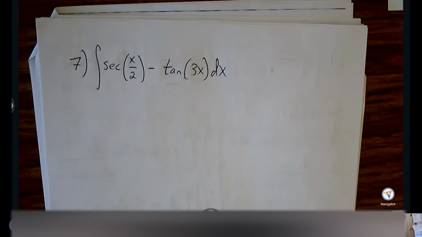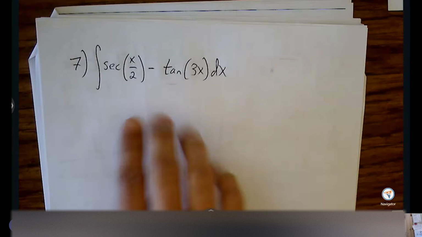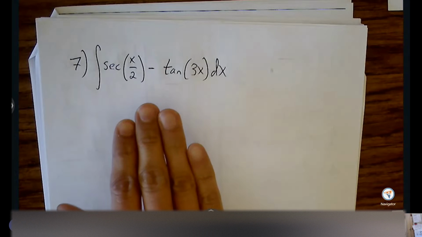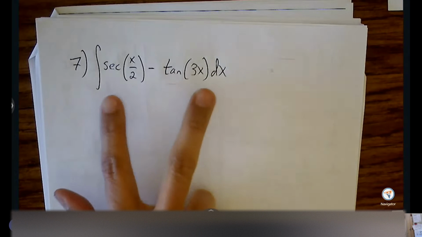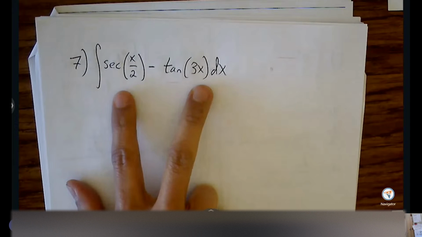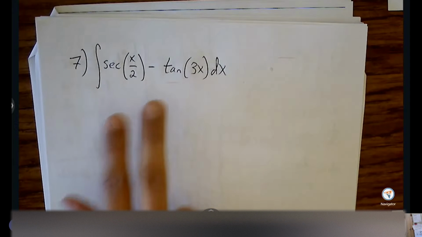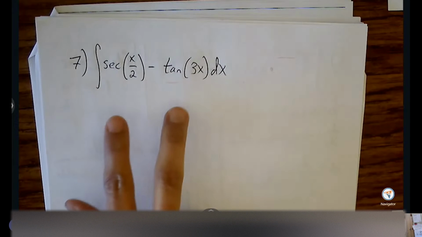Now, first thing I want to point out is that the issue that I think a lot of students had was students saw these terms and they thought that they had to find a way to merge them together. They thought that these were connected.